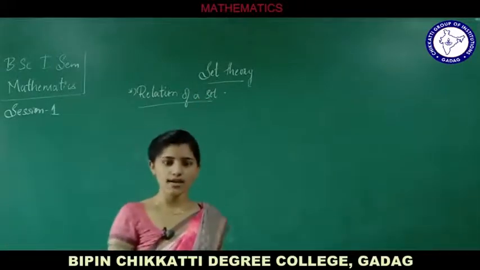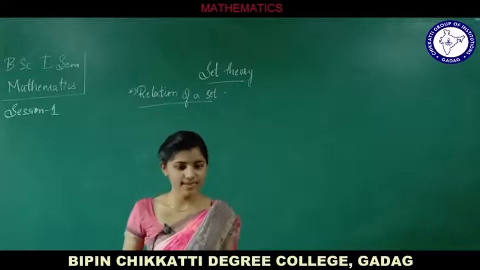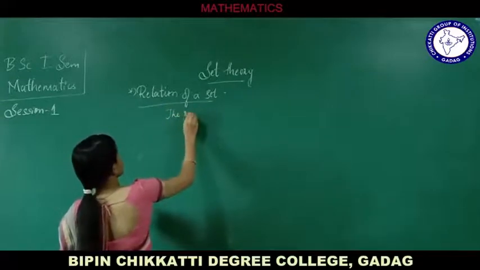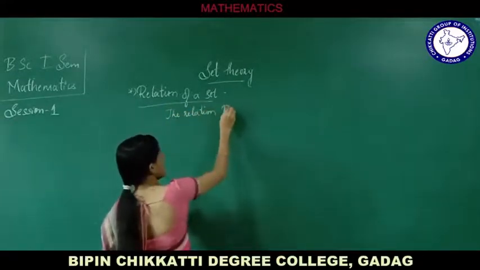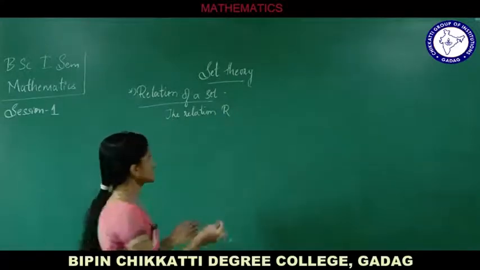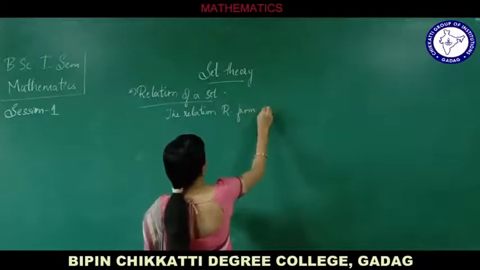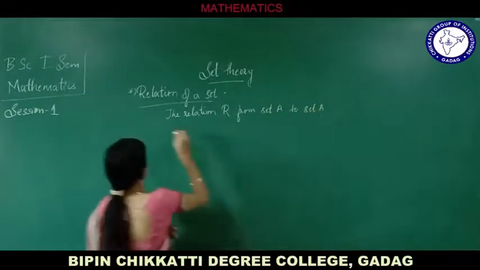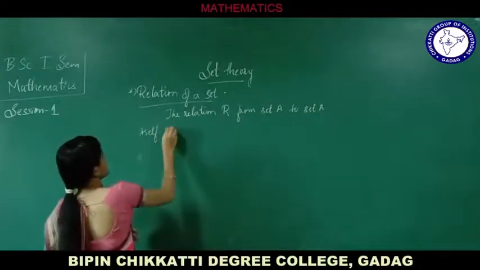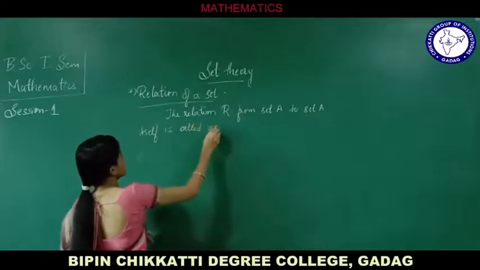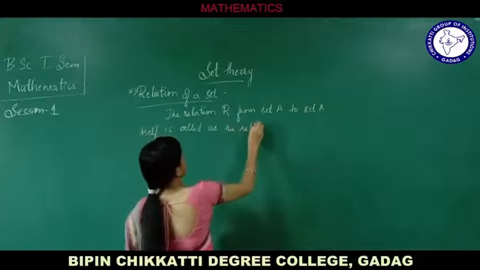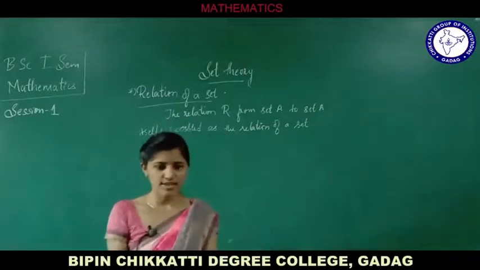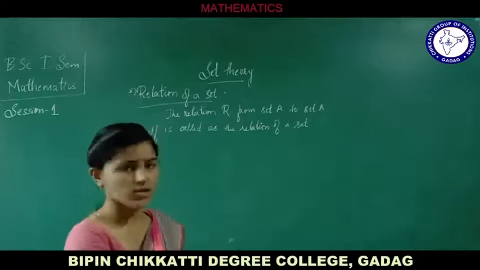A relation R from a set A to the set A itself is called the relation on a set A. The relation R from set A to set A itself is called the relation on the set A.